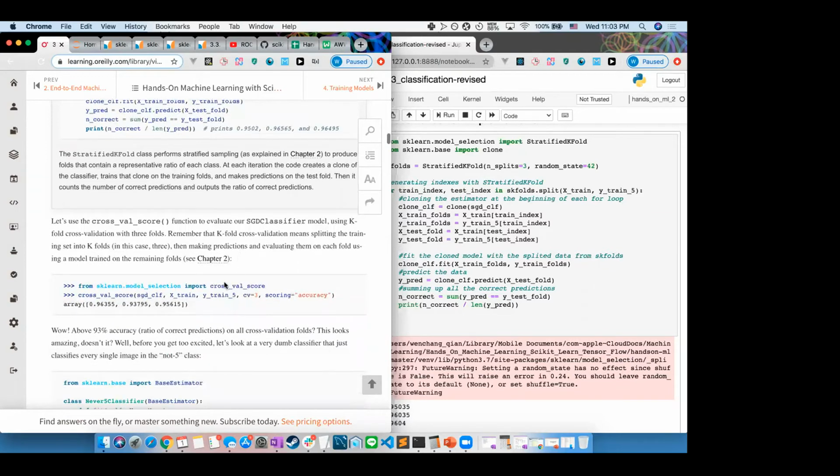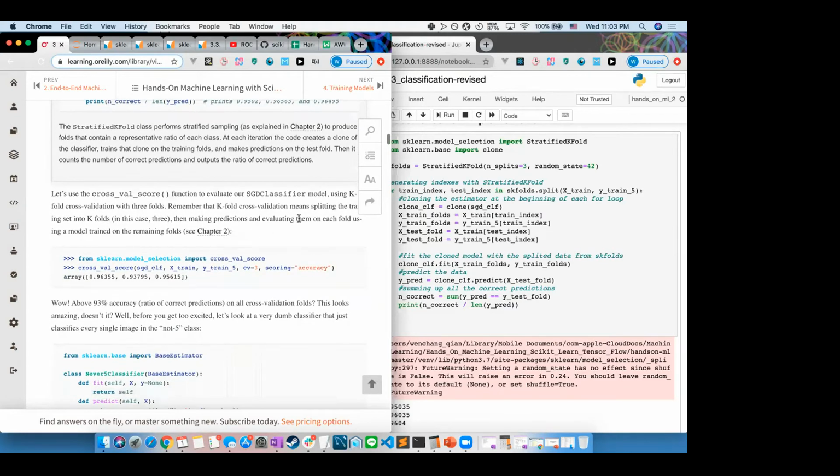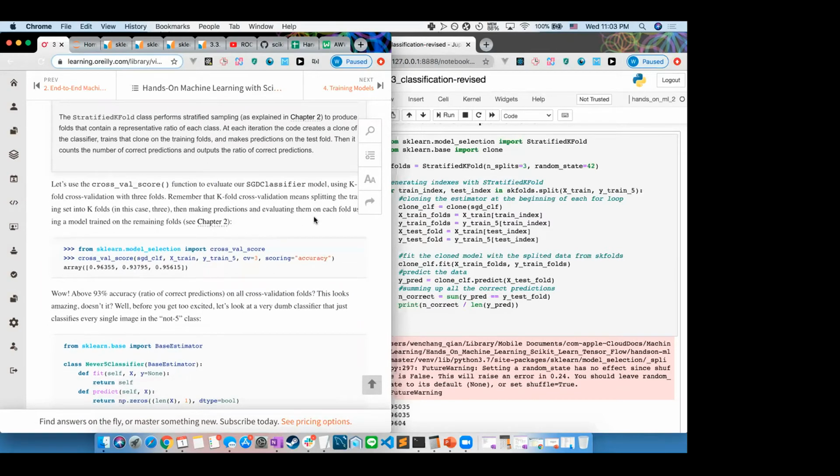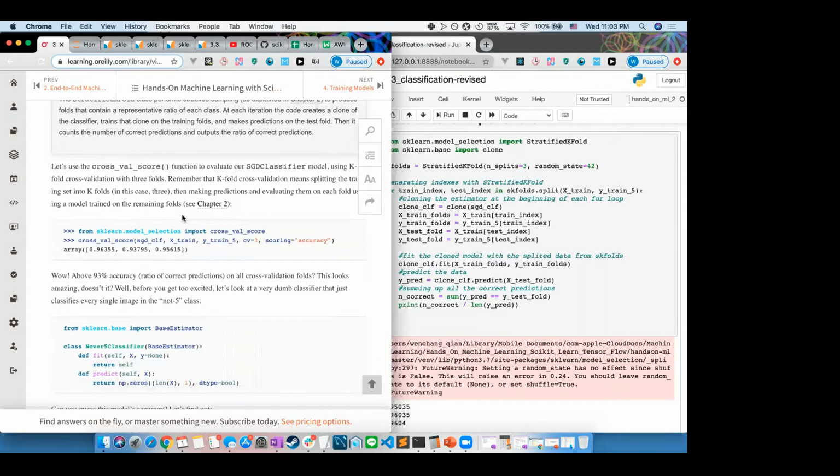Cool. So let's use the cross_val_score function to evaluate our SGD classifier model. So using K-fold cross-validation with 3 folds, remember that K-fold cross-validation means splitting the training set into K folds, then making predictions and evaluating them on each fold using a model trained on the remaining folds.